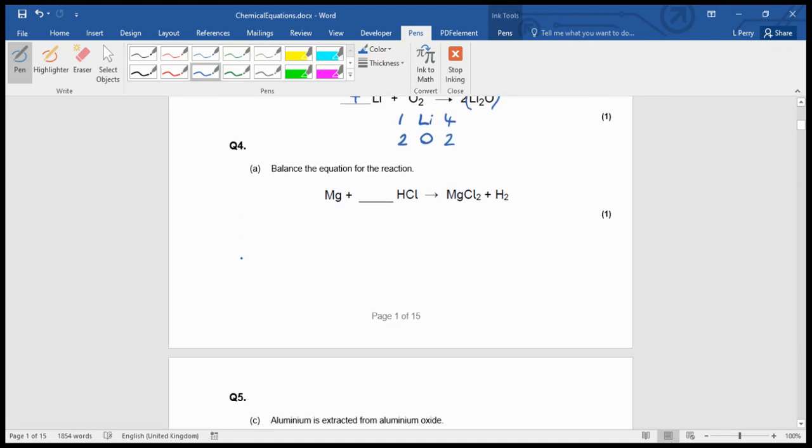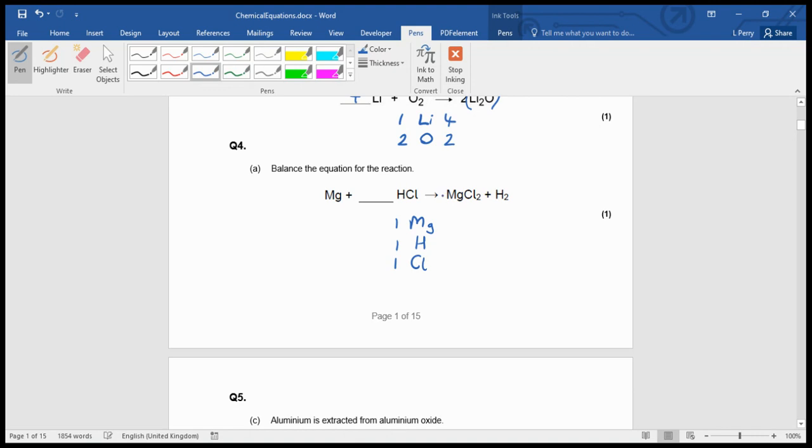In the next one, I'm going to do the same thing. I'm going to list what I've got. So I've got Mg, I've got H, and I've got Cl. So on the left-hand side, I've got 1 Mg, I've got 1 H, and I've got 1 Cl.